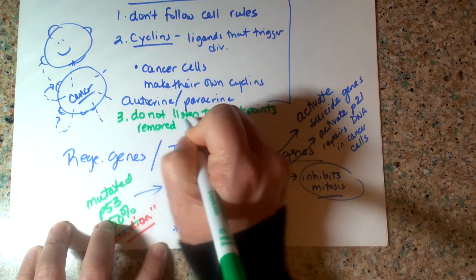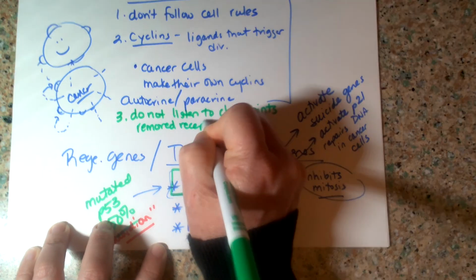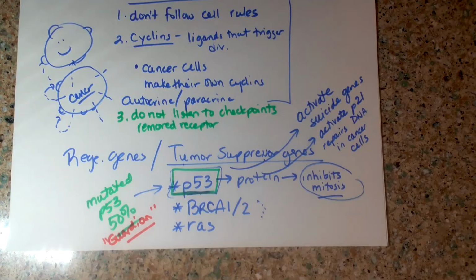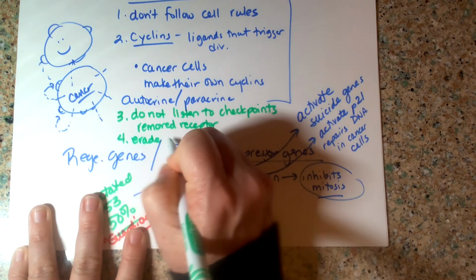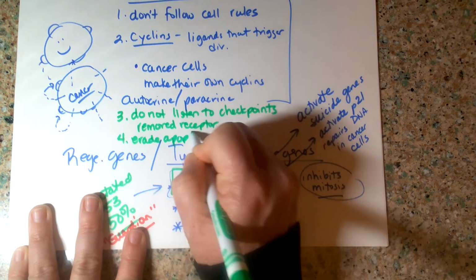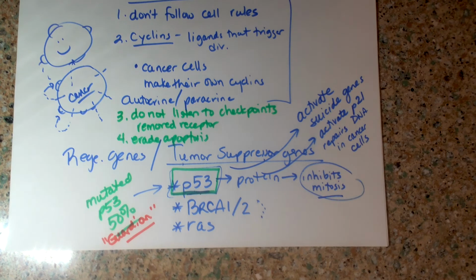If you don't have a receptor, you literally cannot receive the signal, and therefore you just move straight on through without paying attention. So they don't follow any rules. They're rule breakers. Somehow they're able to evade apoptosis if you let it occur for too long. They can avoid killing themselves because they'll also remove those receptors.